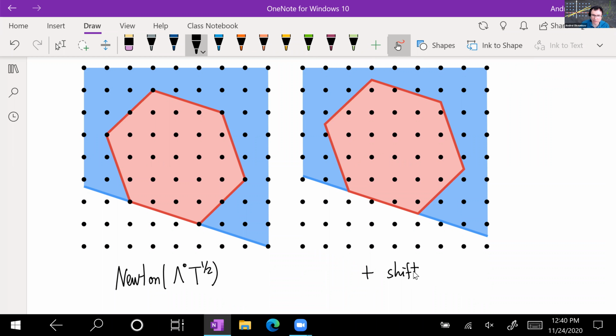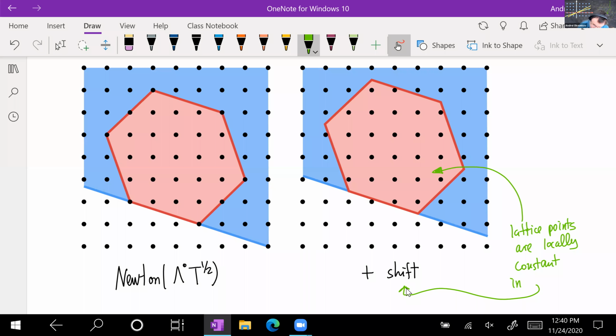As you do this, the actual lattice points you get are locally constant in this shift, and they change as you cross some walls.